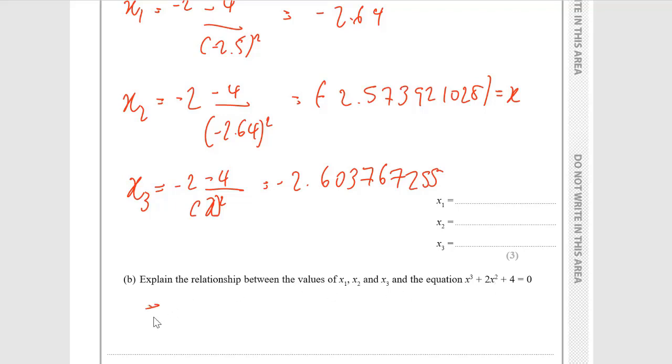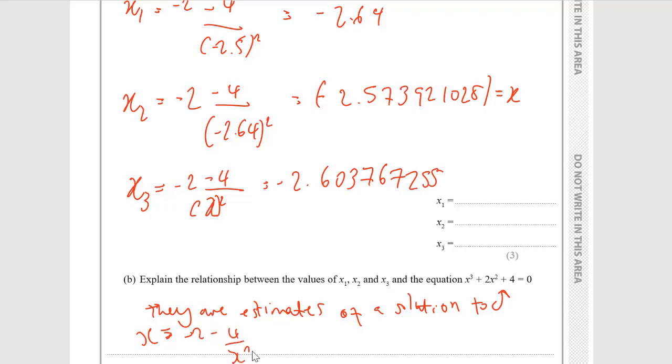So they are estimates of a solution to this equation here, with x equals minus 2 minus 4 over x squared is a rearrangement of x cubed plus 2x squared plus 4 equals 0.